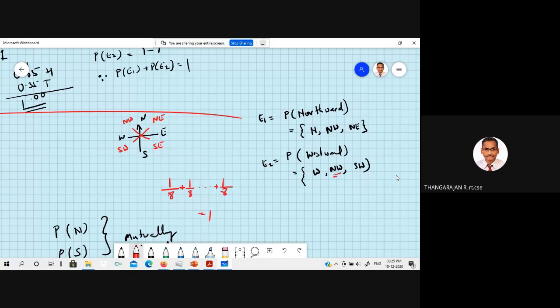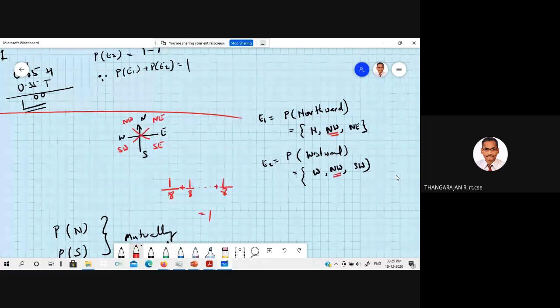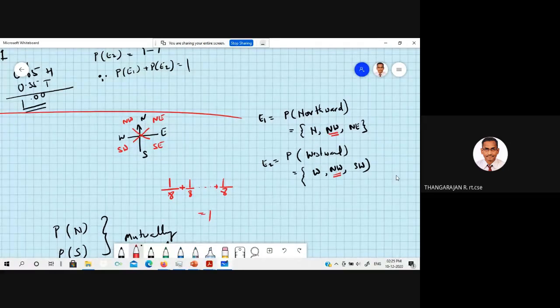So you see that northwest is repeated in both events. There is a common direction between northward and westward. When I say northward, it also includes northwest, and when I say westward, it also includes northwest. So E1 and E2 cannot be mutually exclusive.